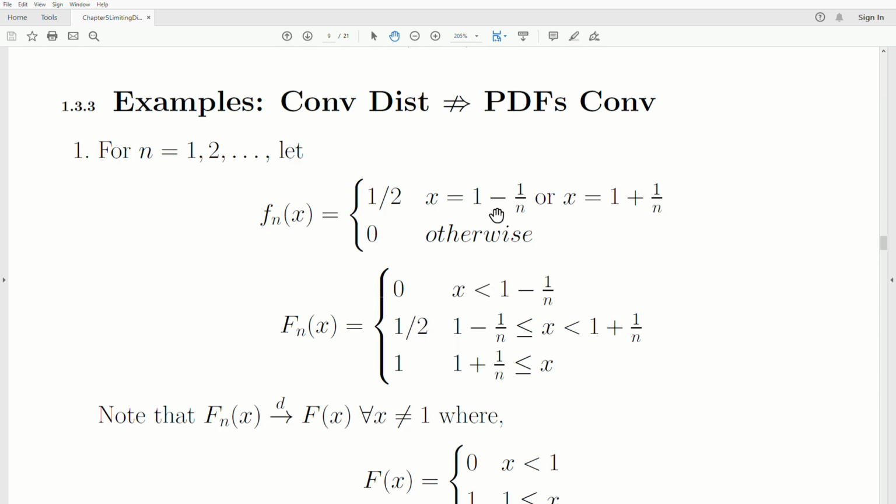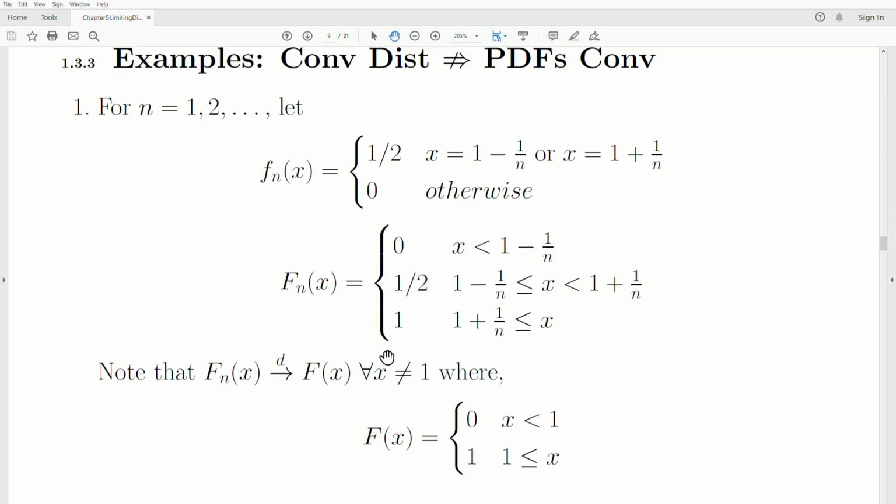It is 0 when we're below the first point, and when we're between them, it's 1/2, and when we reach the second point, it's 1. And if we note that as n goes to infinity, F of n converges in distribution to F of x, which does not depend upon n, which is this. I'll show this graphically and it'll make more sense if that seems confusing. That F of x is 0 if x is less than 1 and 1 if x is greater than or equal to 1.